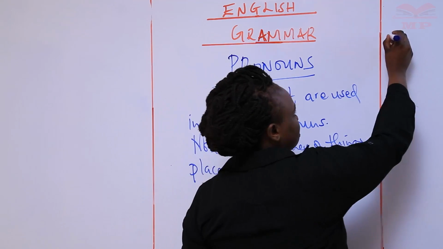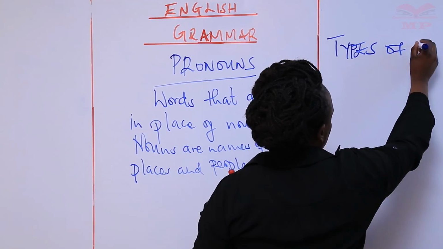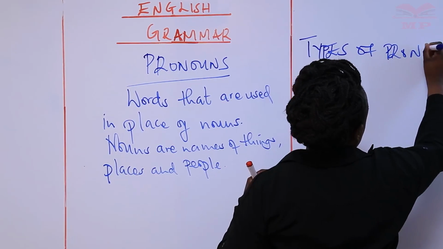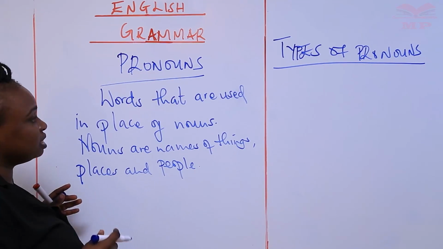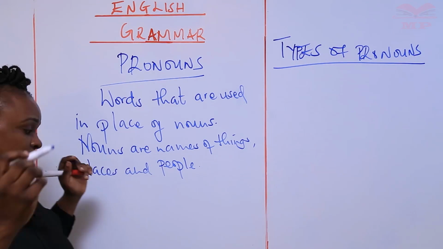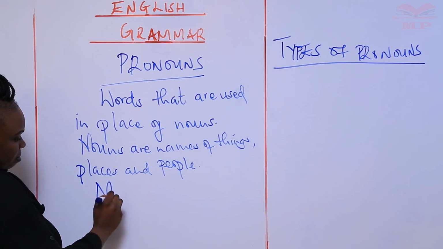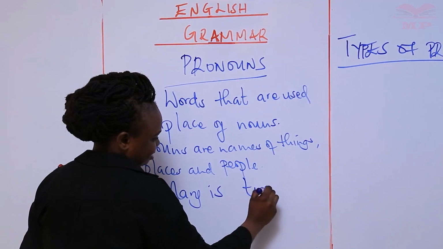So let me just go direct and look at the types of pronouns. Now, before I look at the types of pronoun, let me just repeat. I've just said that a pronoun is a word that is used in place of a noun. For example, you have Mary is tired.